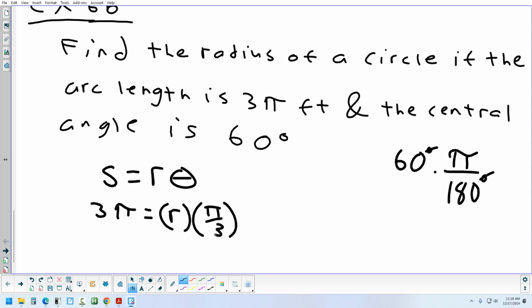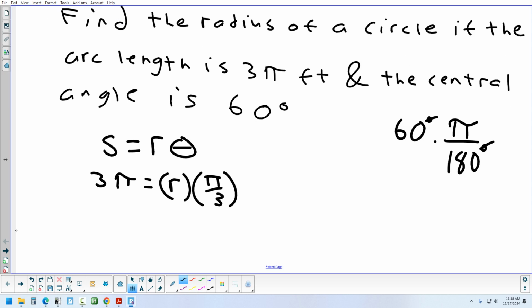Okay. So now we've got to get r by itself. So we have a fraction next to the variable. We can move the pi and the 3 at the same time. Does anybody remember what you could multiply both sides by, and it would get rid of the pi and the 3 at the same time? Yep, the reciprocal. So multiply by 3 over pi.